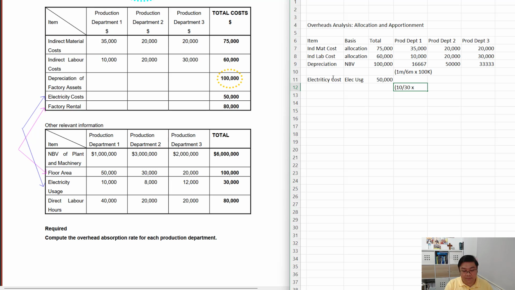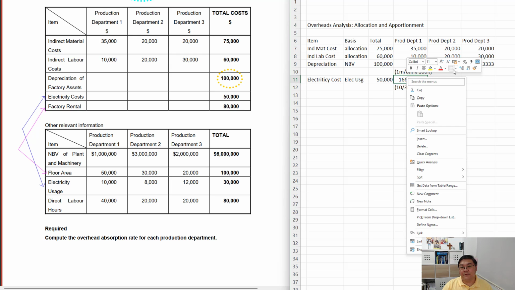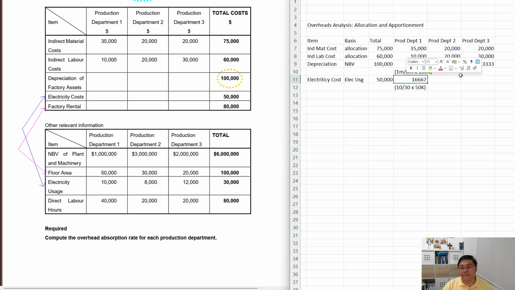So you're going to multiply that with 50K, right? If you take this multiplied by 10 out of 30, this will give you the figure. And this time we will take 8 out of 30, and then we have 12 out of 30.